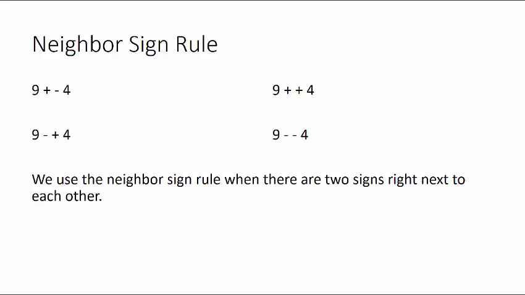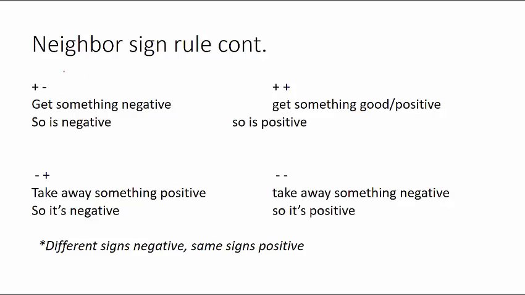All right, neighbor sign rule. This is a rule you use when you see it like this. There's a positive and a negative right next to each other, or it could be the same signs. But if you have two operations right next to each other, think about this.